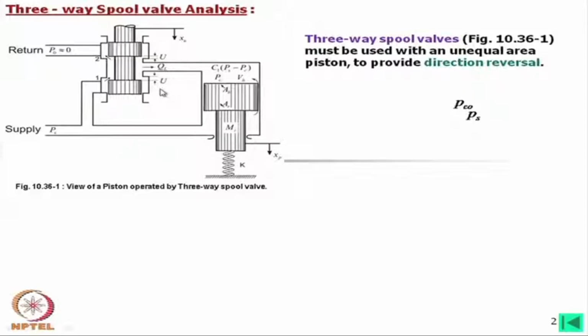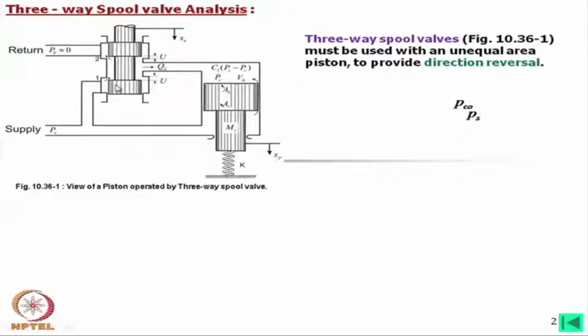However, critical center valves are mostly preferred, although in true sense it is very difficult to maintain that critical center valve position. Usually it requires frequent null adjustment. However, we shall discuss about that. We will look into the critical center three-way valve.